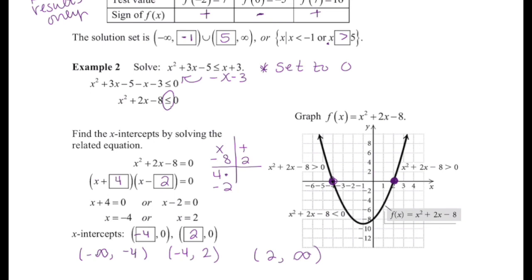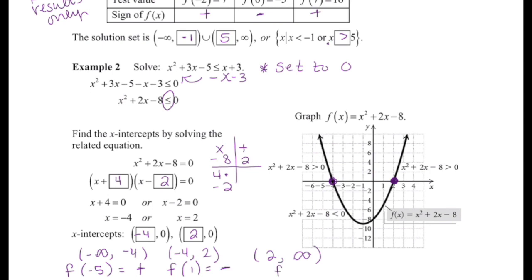If I were to evaluate f of negative 5 as an example, I would end up with a positive result. If I did f of, let's say, 1, which would be in that interval, I would end up with a negative result.